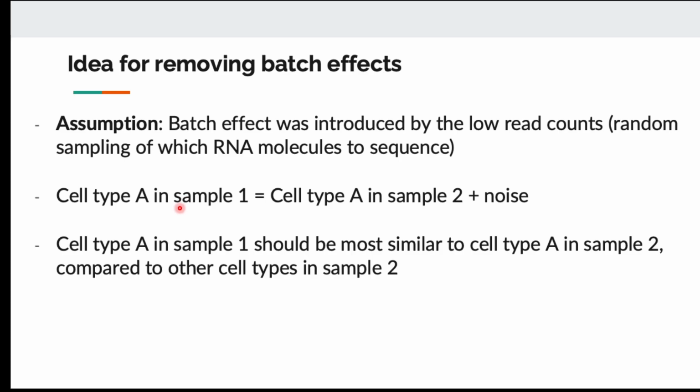Now if you pick cell type A in sample 1, fix it, and go over all the cells in sample 2, and ask which cell in sample 2 is the most similar to my cell type A in sample 1, chances are your answer is still going to be a cell of the same type.